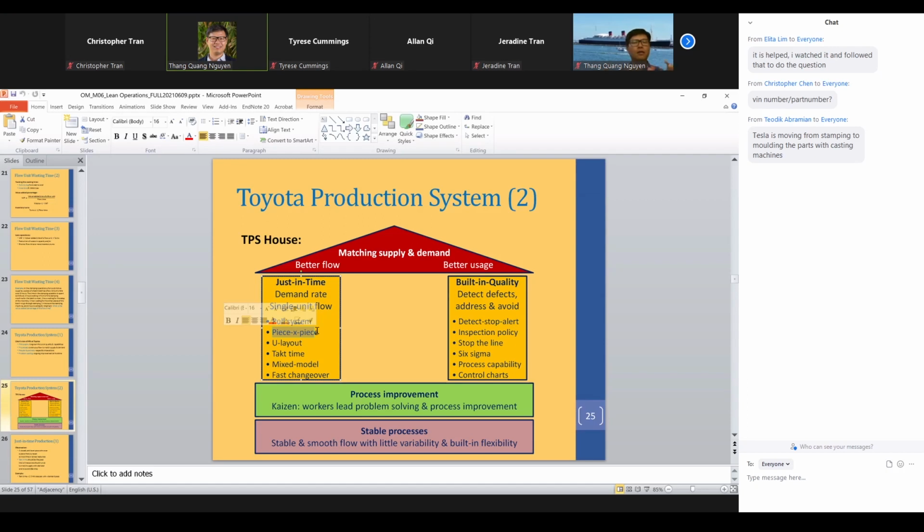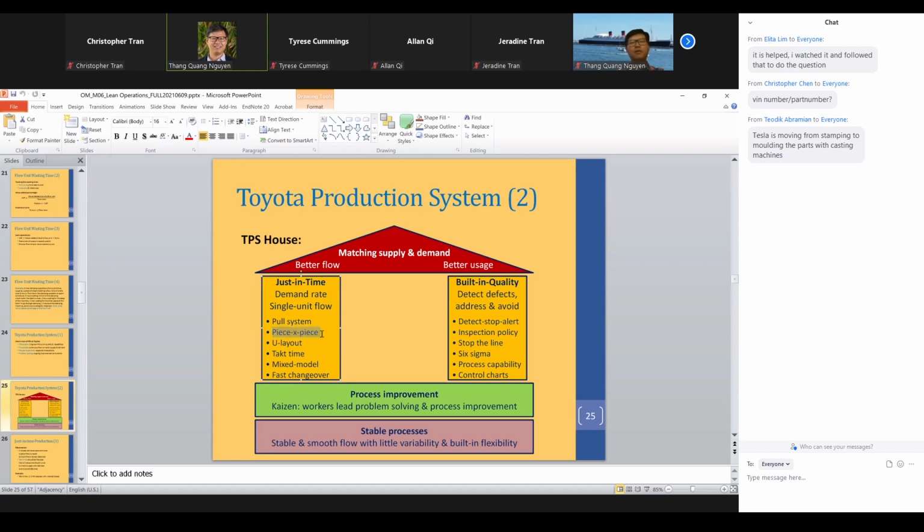When you do batching, you have some inventory waiting for one unit to be finished before you can process the next unit. And inventory is one form of waste because we lock up our time and money in that piece, in the inventory, right?